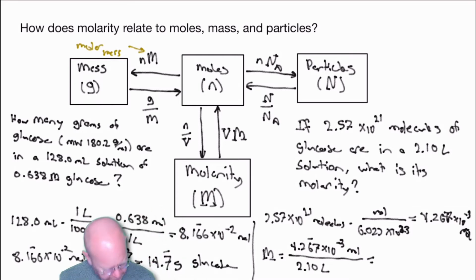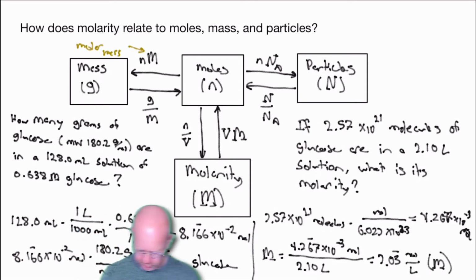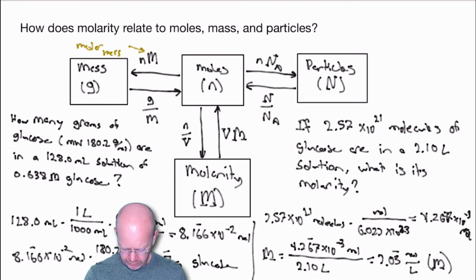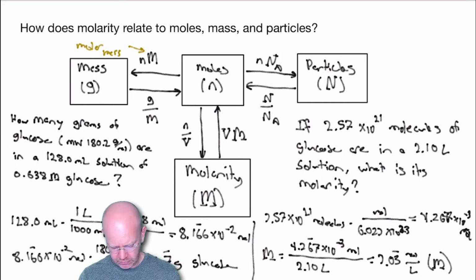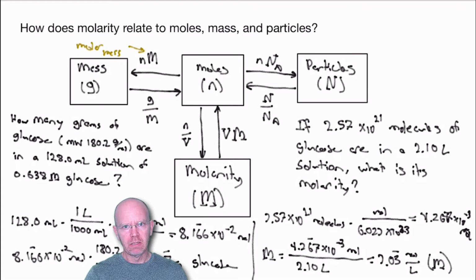And so what I find is the molarity is 2.03 moles per liter, or the other unit that would be acceptable is just to write a capital M, molar glucose in that solution. All right, so this is a demonstration of starting over here, working our way back to moles, and then getting back into molarity. So you should be able to navigate from any position in this little scheme here to any other position if you have the appropriate information in a problem.